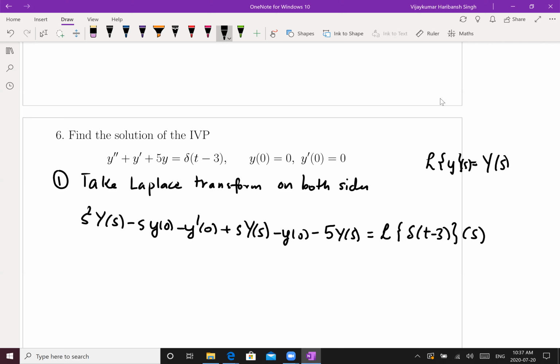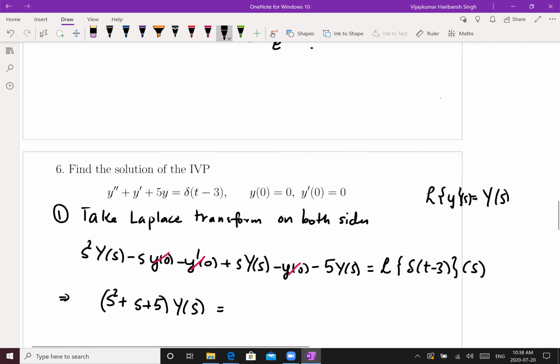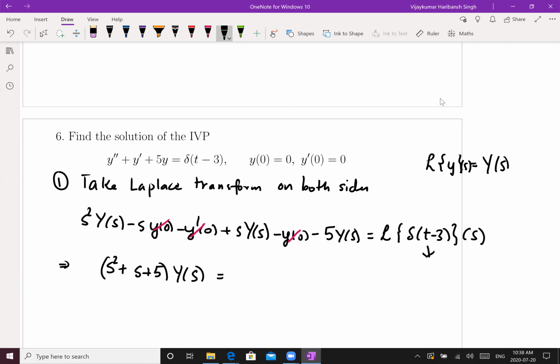Now these all become 0, right? So what are we left with? Take Y(s) common, so we are left with (s squared plus s plus 5) Y(s), and this is going to be equal to, this is formula 17 of the table.